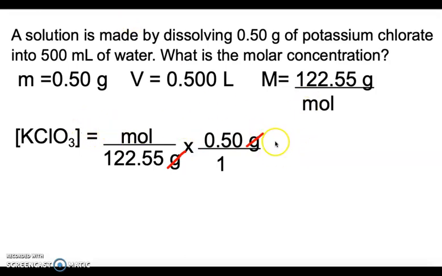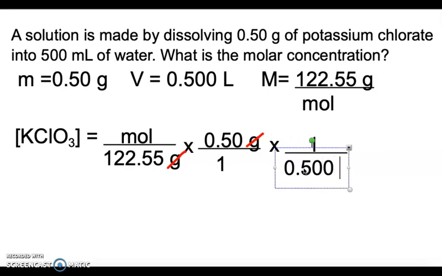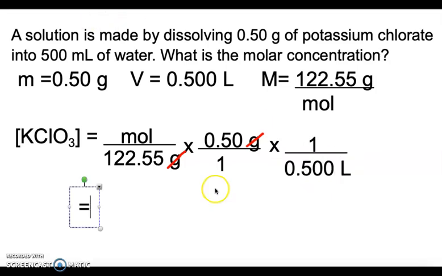We need to get the liters. So that means we know that those liters need to go on the bottom, right? So one's going to go on top, and then on the bottom of that, we're going to put in that 0.500 liters. Okay, so 1 divided by 122.55 times 0.5 divided by 0.5.